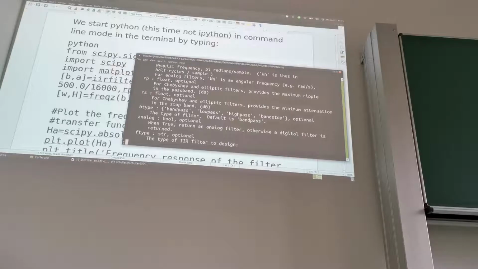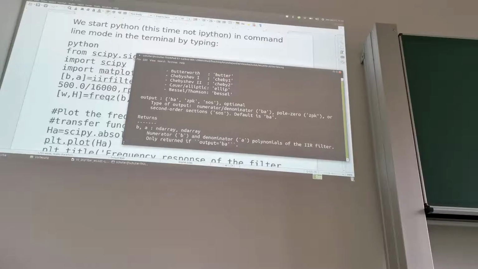Then rp provides a maximum ripple in the pass band, which we don't have here, but here rs for the stop band. And here you can see we have different types: band pass, low pass, high pass, and band stop. And this is not so interesting because you only need it for digital filters. ftype.